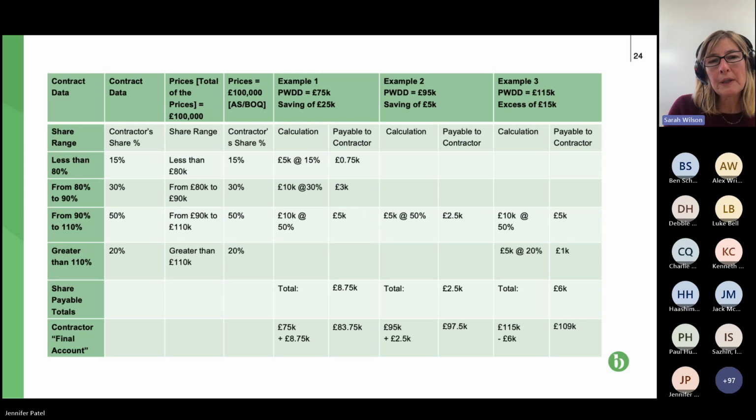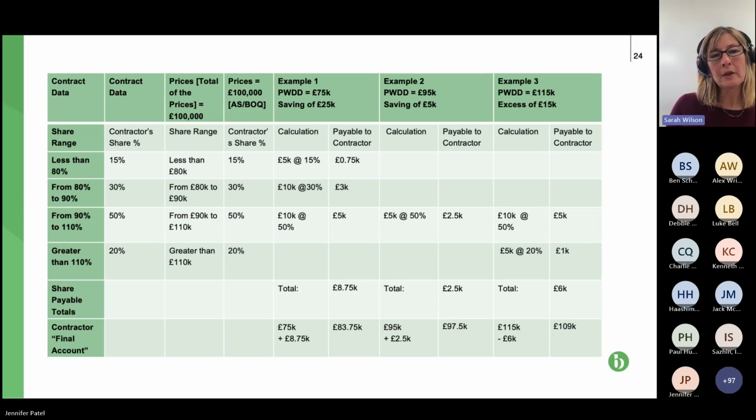So if you look at example one, we've got a left and right column. If you look at the left, I hope this isn't too slow for everyone. The quantity surveyors in the room probably looked at this and thought, yeah, I can understand this, move on. So we've got £75,000 cost so far.